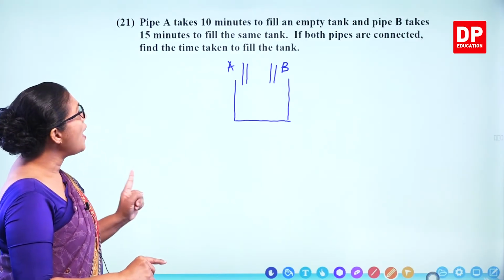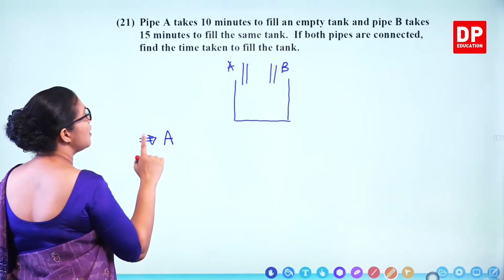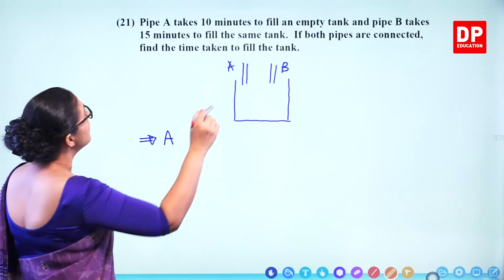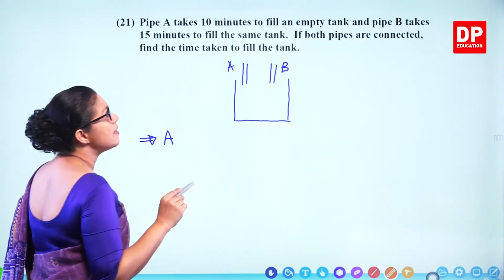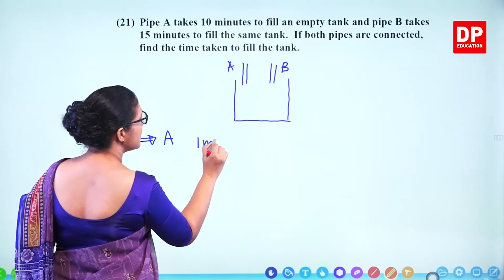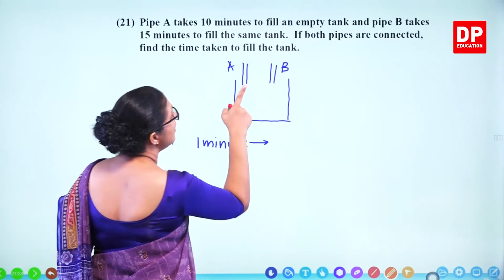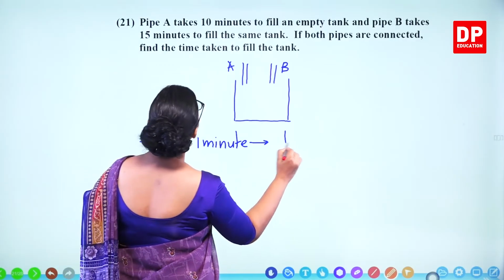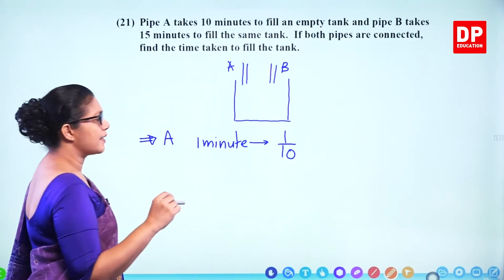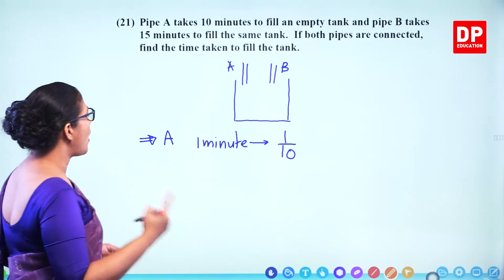So within 1 minute, what fraction of the tank is filled? In 1 minute, you can fill 1/10 of the tank, because 10 minutes for the whole tank, 1 minute, 1/10.